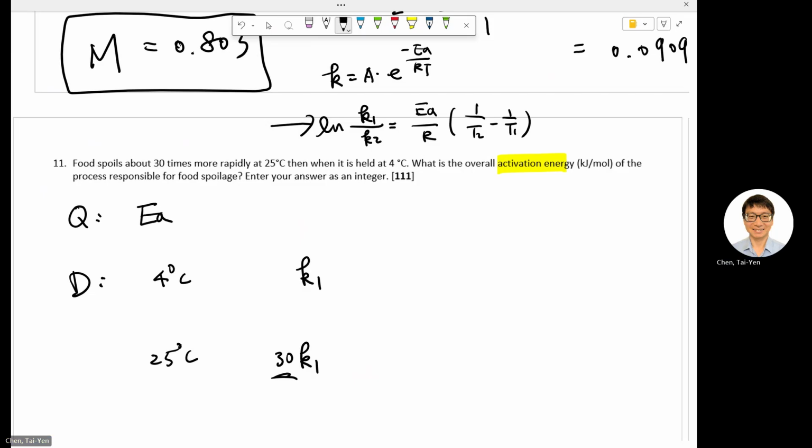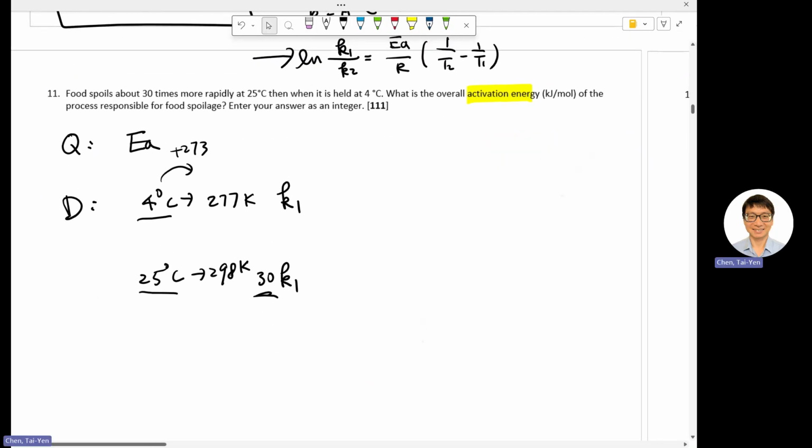The other thing we need to know is that when we do the calculation, can you use degrees C? You cannot, right? So convert to K, plus 273, that gives you 277. This one will give you 298.